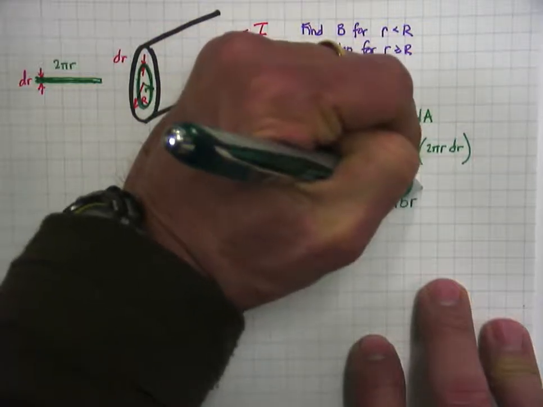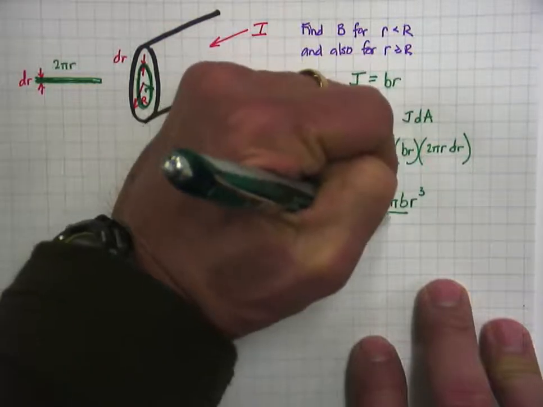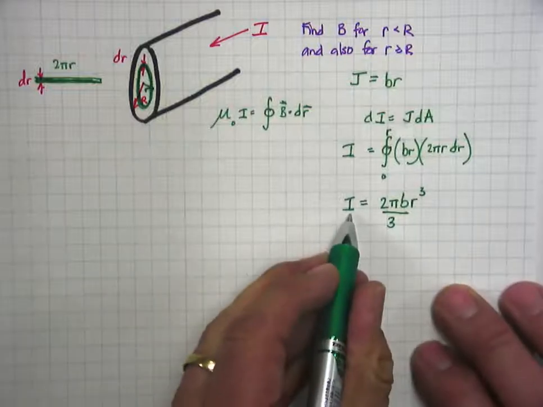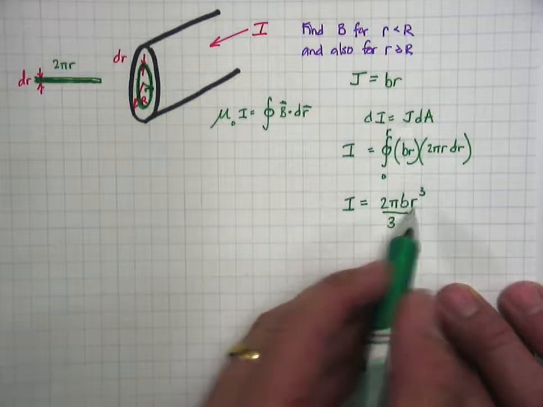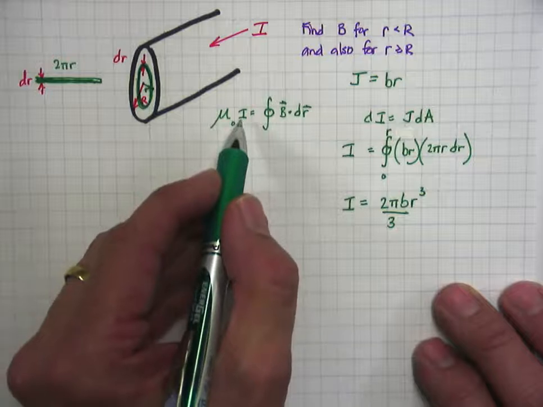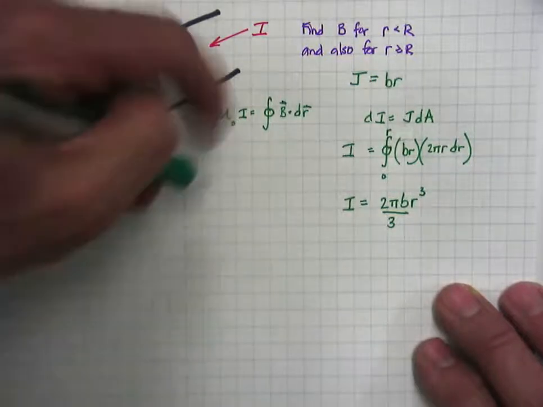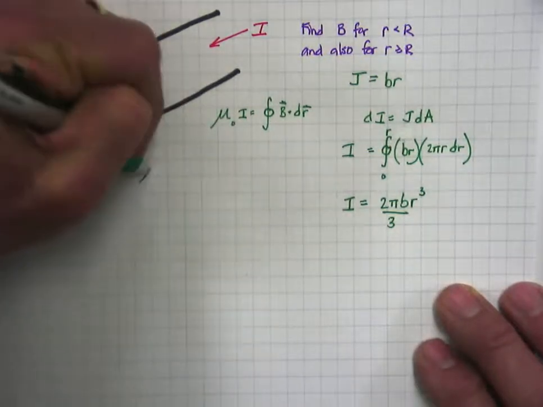So this describes the current enclosed by some Amperian loop of some radius r, and that is what we will use in Ampere's law here.